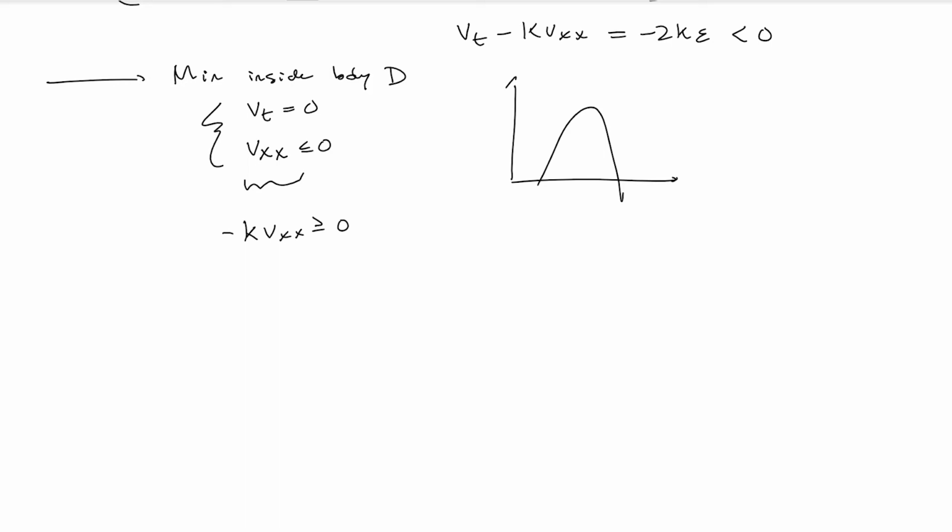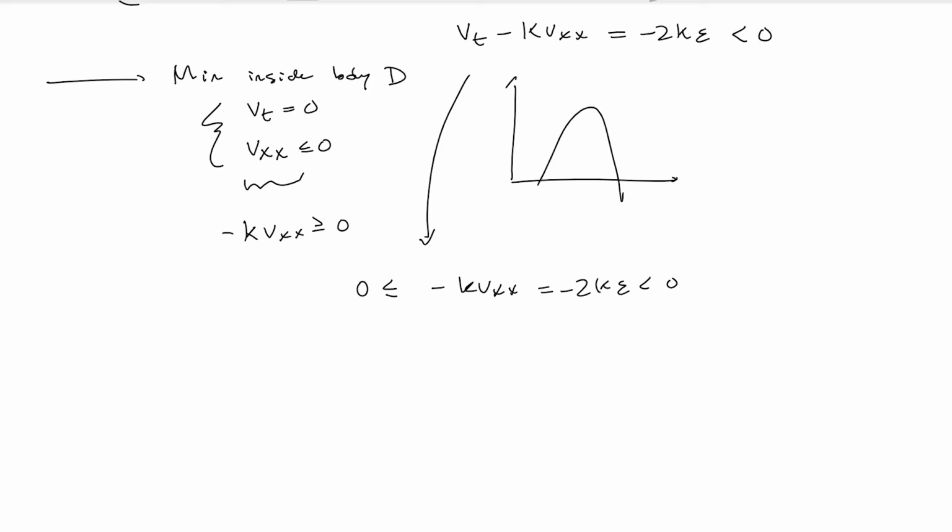Well, that means that with v_t equals 0, this here becomes 0 minus k v_xx, which is greater than or equal to 0. It is equal to negative 2k epsilon, which is less than 0. So I can even get rid of this 0 here. Well, what does this say?